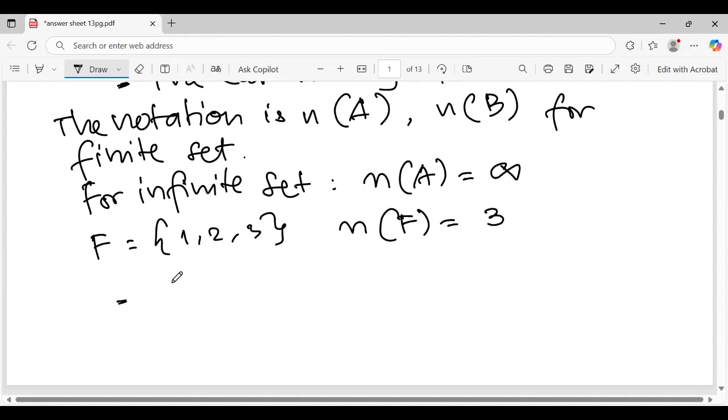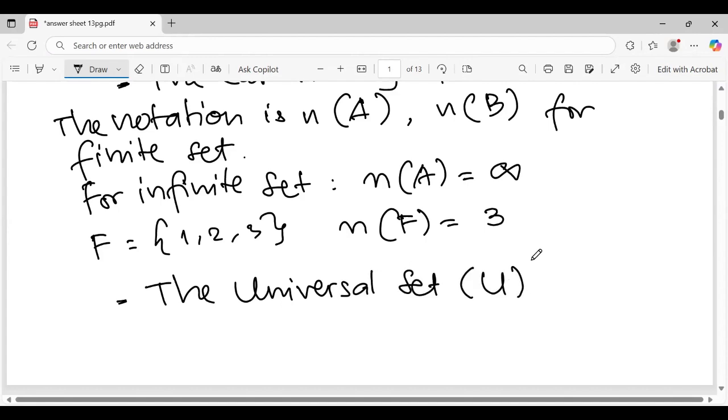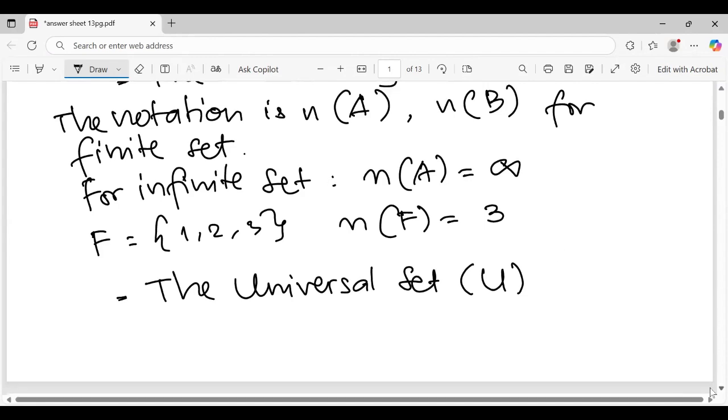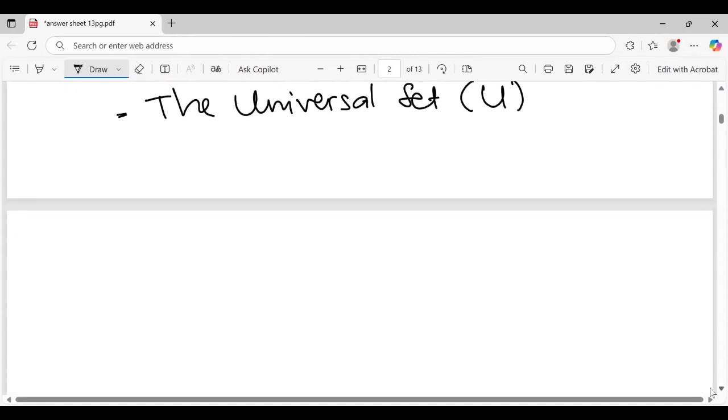And the next is about the universal set. The universal set, the symbol is U. Okay. A set U includes all of the elements under consideration in a particular case or discussion.